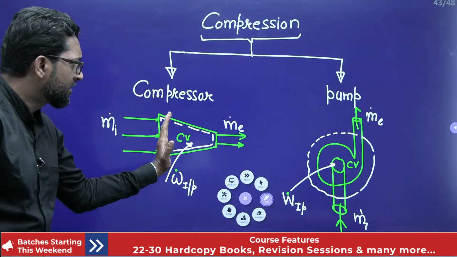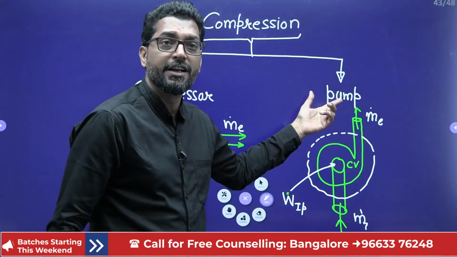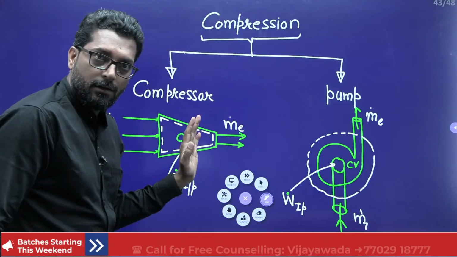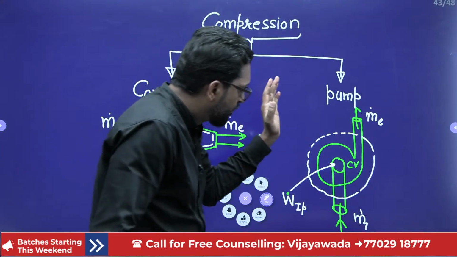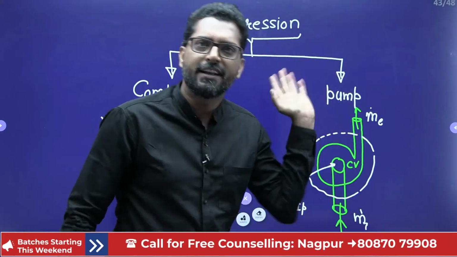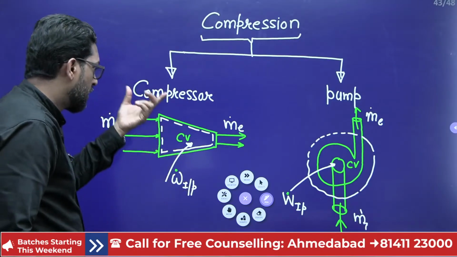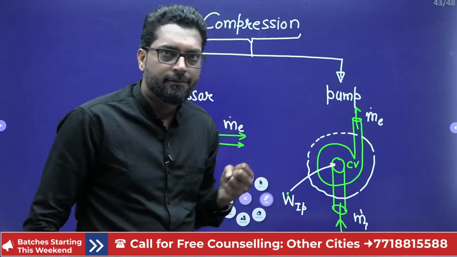If you compress, obviously the volume will decrease. But the decrement of the volume in the pump is very negligible, and the decrement of the volume of the fluid in the compressor is very high.